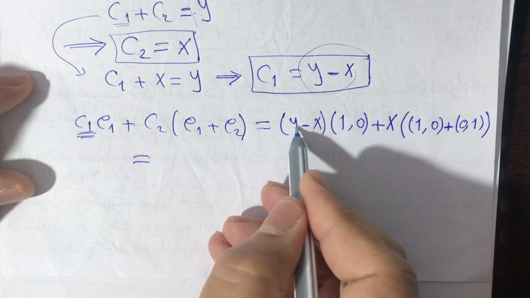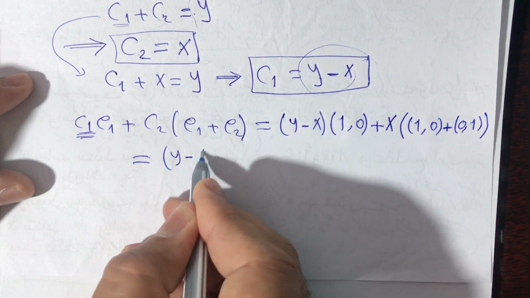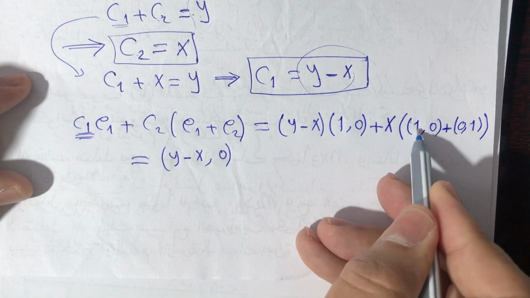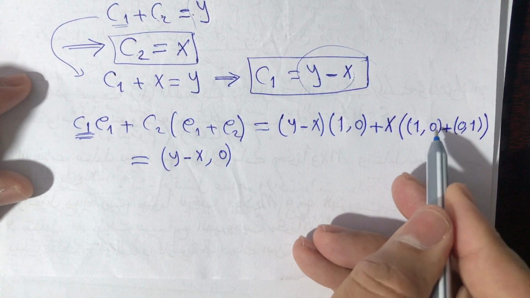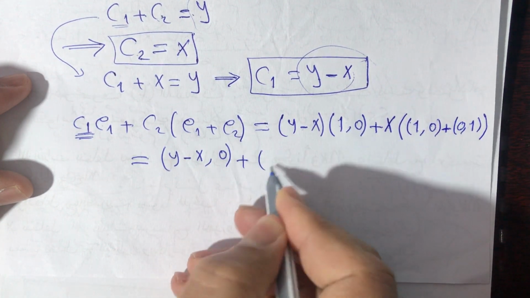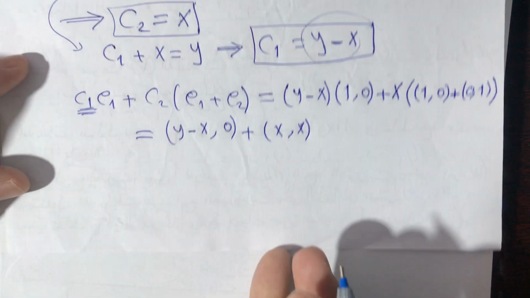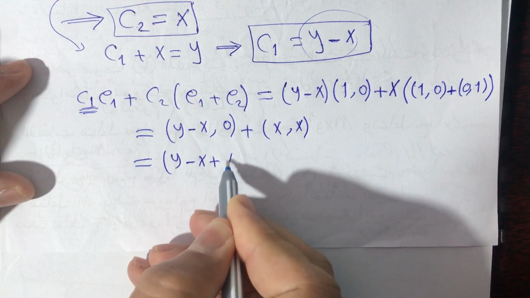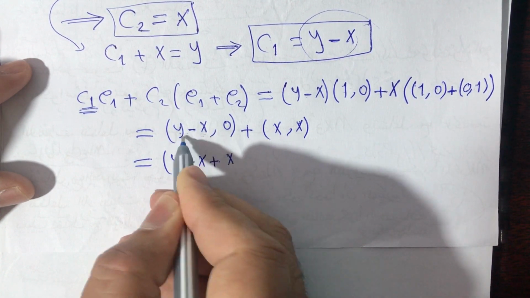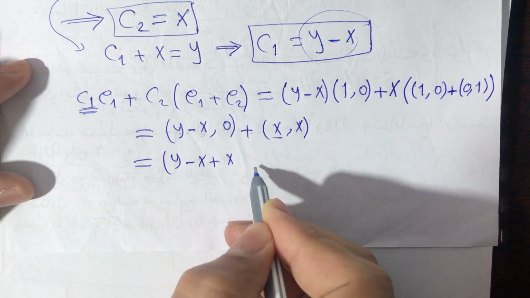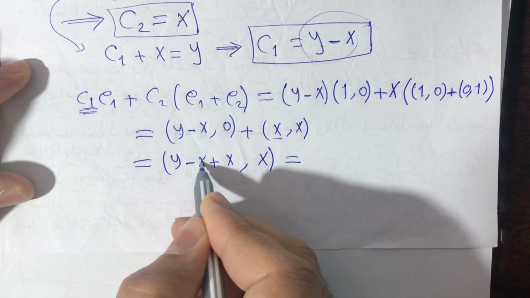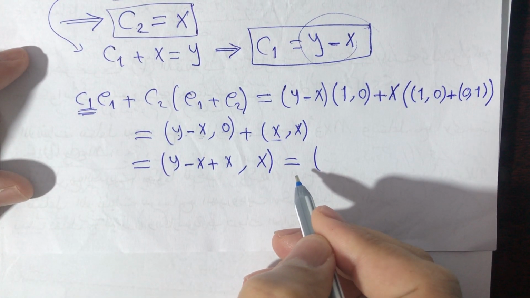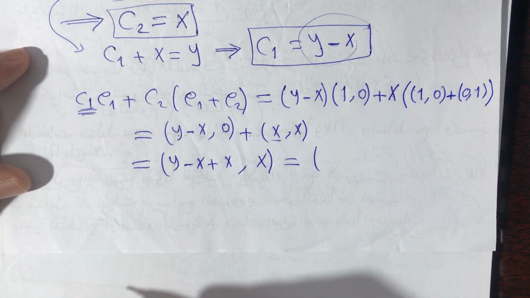Now move this here, this will be y minus x, 0, and here, and this is sum. If I sum (1, 0) and (1, 1), move x, we get x, x, and now you can sum this y minus x plus x, and 0 plus x will be x, and x minus x will be 0, and here just y.